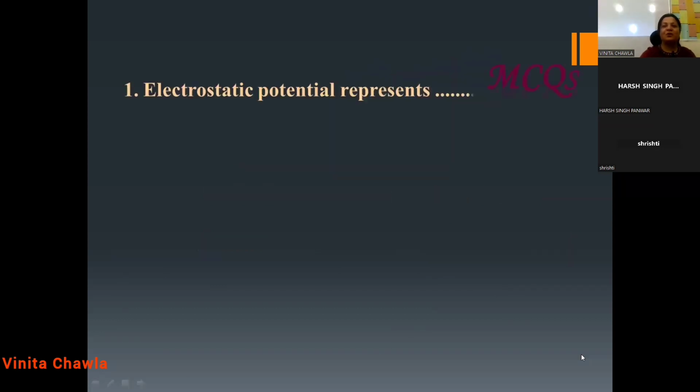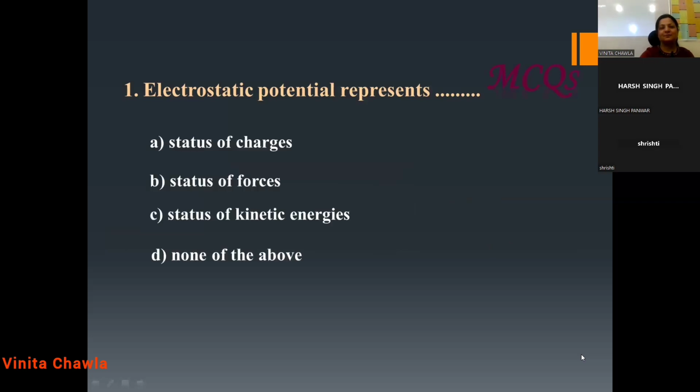Yes. So electrostatic potential represents status of charges, status of forces, status of kinetic energies, none of the above. It represents status of charges. Status of charges.